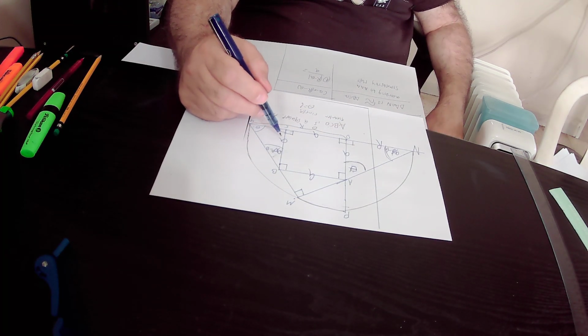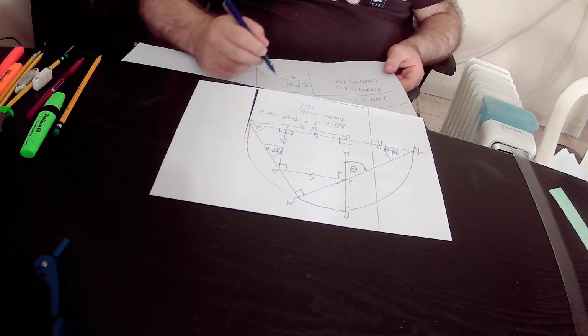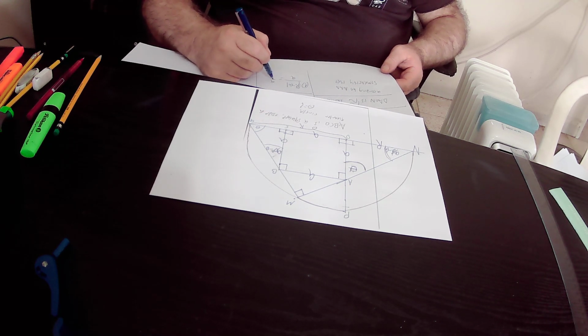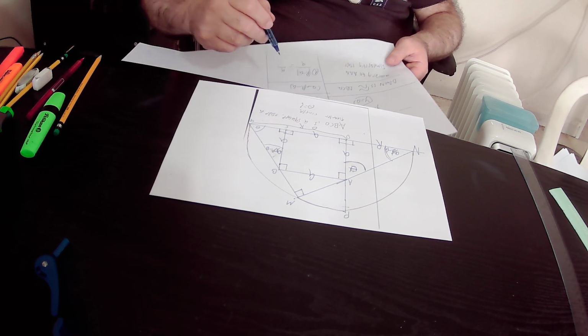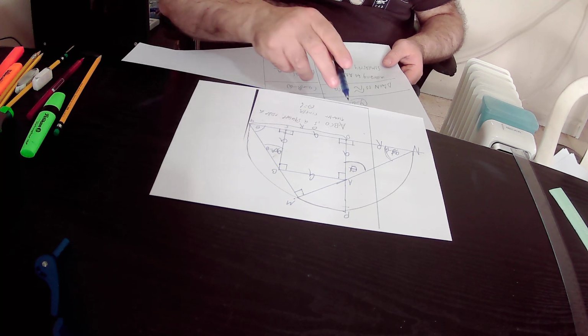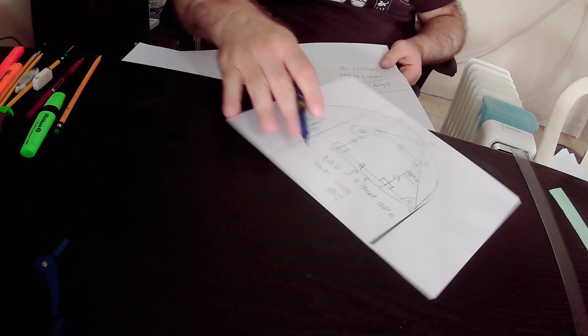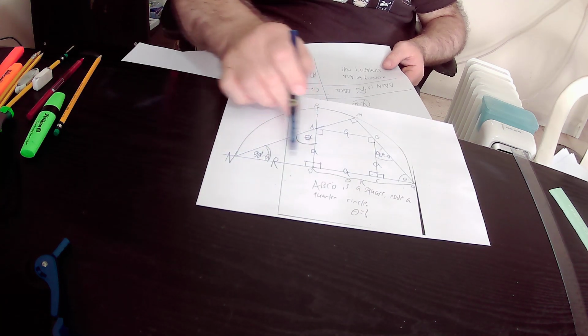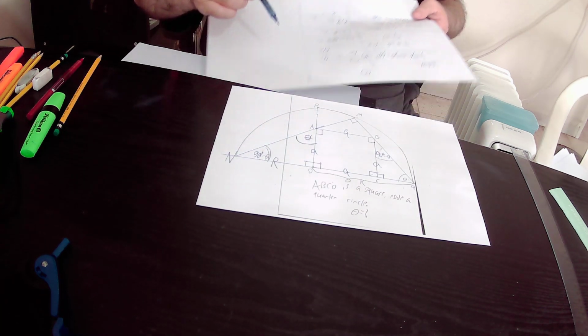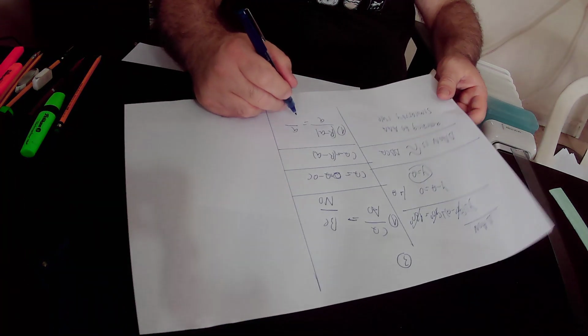BC is equal to A units over NO. You can see from the drawing that line segment NO is equal to capital R, the radius of the semicircle.